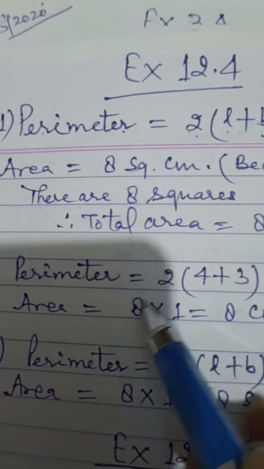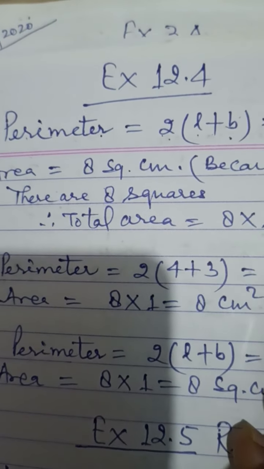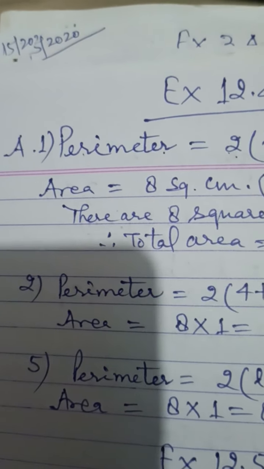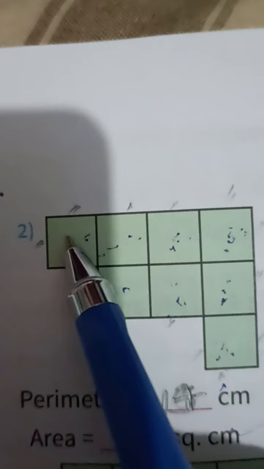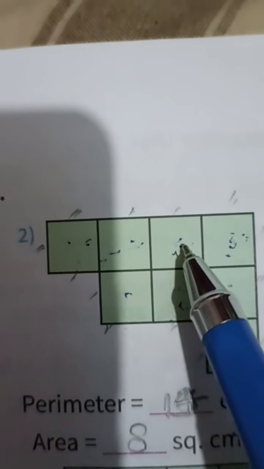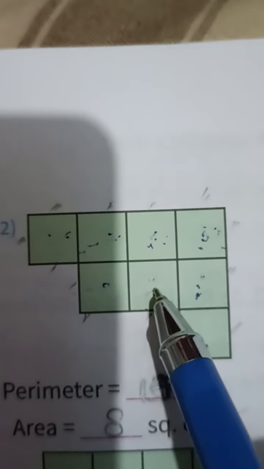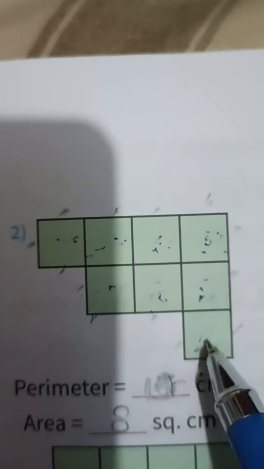Okay, and area 8. Clear? Similarly, you can do the second one also. Second figure: 1, 2, 3, 4, 5, 6, 7, 8. 8 squares.